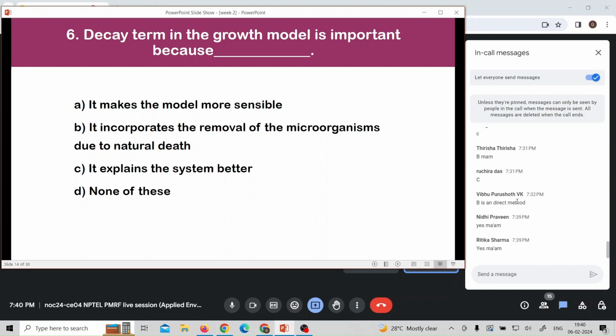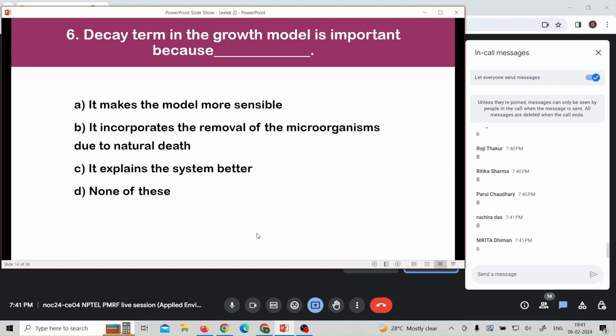Right. So when we were discussing microbial growth, if we are not going to take the decay term into consideration, then the microbes are going to multiply infinitely, and that is not logically right.